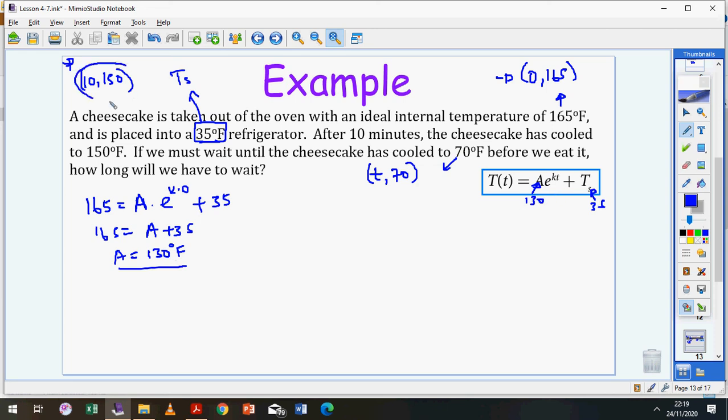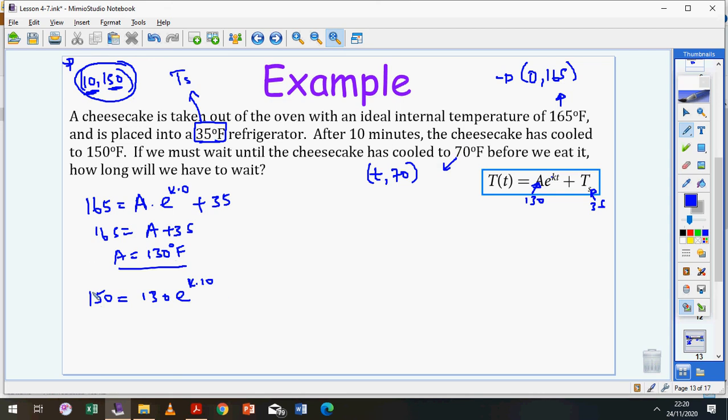So using that information, at 10 minutes it's 150 degrees. So that means 150 will be equal to A, which I know is now 130, times e to the power K that I'm looking for, times 10, because the time is 10 at a temperature of 150, plus 35.